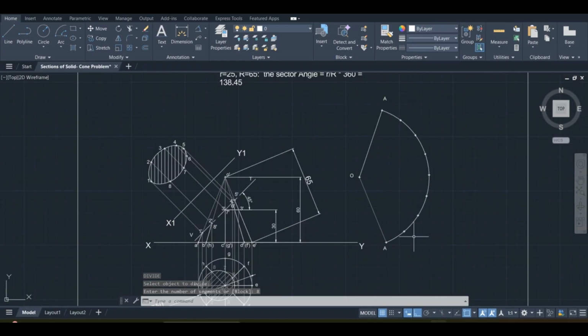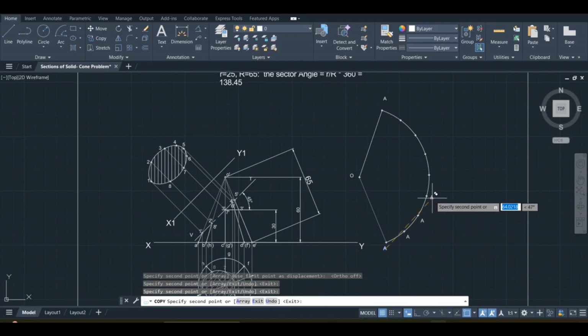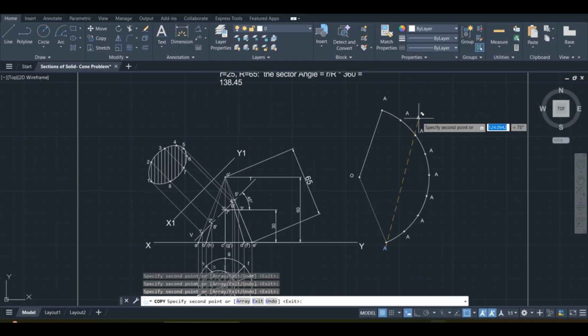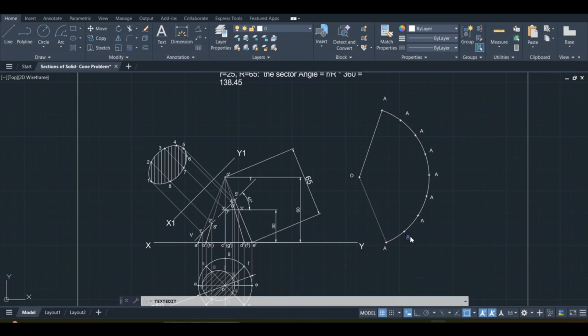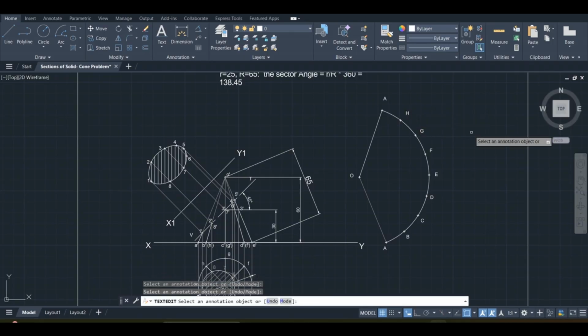So here you can give the point names like this is point B, C, D, E, F, G and H. The last point is again it will be A, so edit B. This is your C. Edit all points with respective names, G and H. It's all fine.